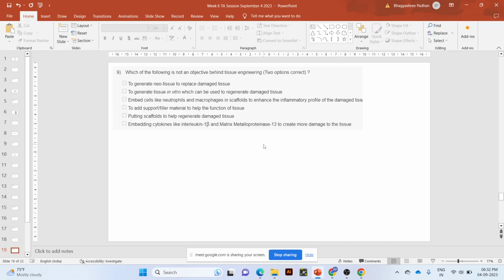You have to select two correct options: to generate new tissue to replace damaged tissue; to generate tissue in vitro which can be used to regenerate damaged tissue; embed cells like neutrophils and macrophages and scaffolds to enhance the immune inflammatory profile of the damaged tissue; to add support or filler material to help the function of tissue; putting scaffolds to help regenerate damaged tissue; embedding cytokines like interleukin 1 beta and matrix metalloproteinase 13 to create more damage to the tissue. Which is not an objective behind tissue engineering? 1 and 2, madam.